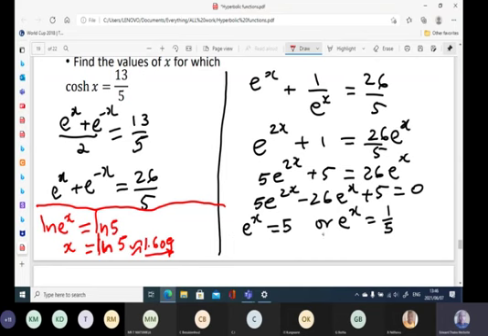You apply ln on both sides, you'll have ln of e to the power x is equals to ln of 1 over 5.